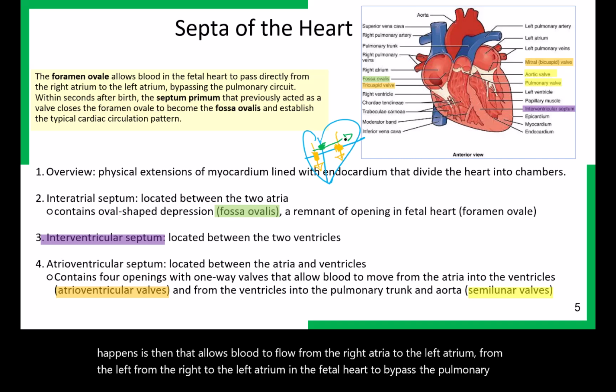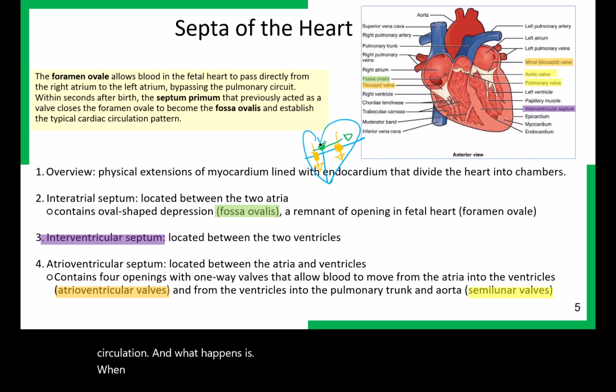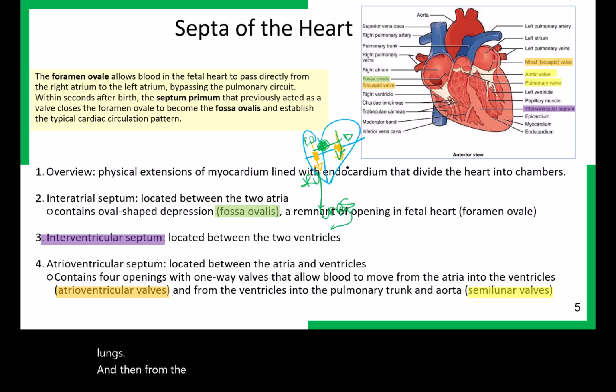After birth, this hole closes up, and so blood doesn't flow directly from the right to the left atrium, but goes from the right atrium to the right ventricle and then to the lungs, and then from the left atrium to the left ventricle, and then through the systemic circulation.